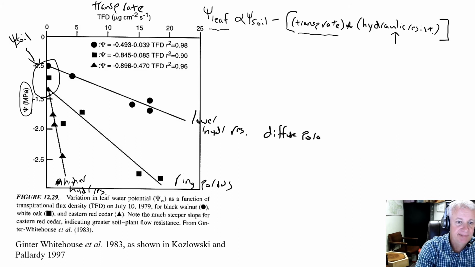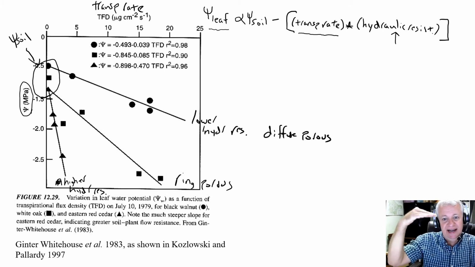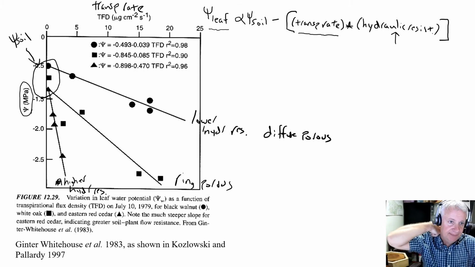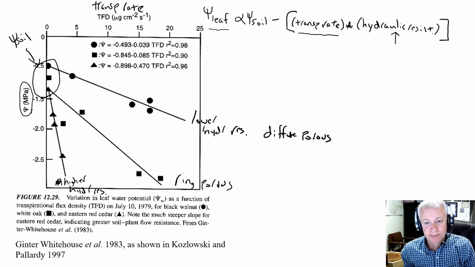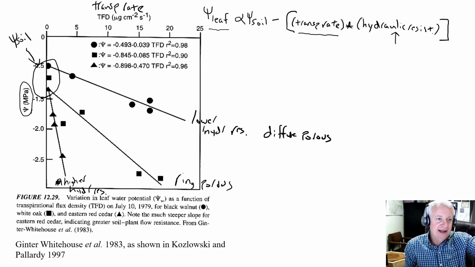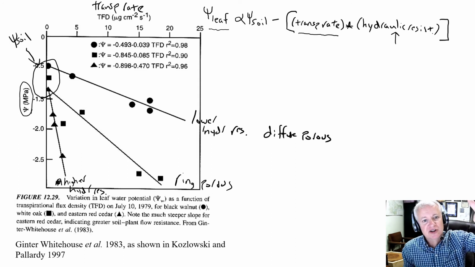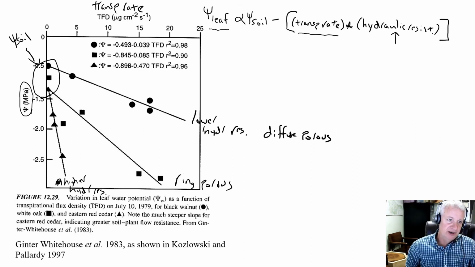I actually might have guessed that the ring porous oak might have a lower hydraulic resistance than the diffuse porous species, but as it turns out, the greater number of medium-sized vessels in the diffuse porous black walnut resulted in a lower hydraulic resistance than the smaller number of larger vessels in the ring porous species.